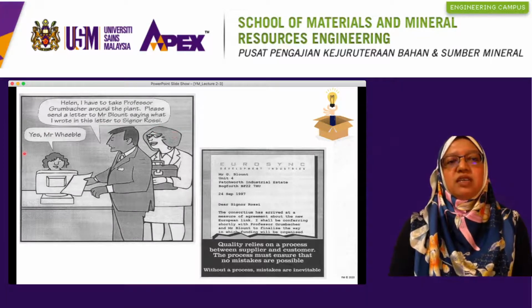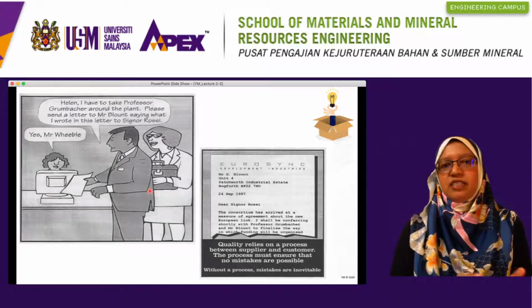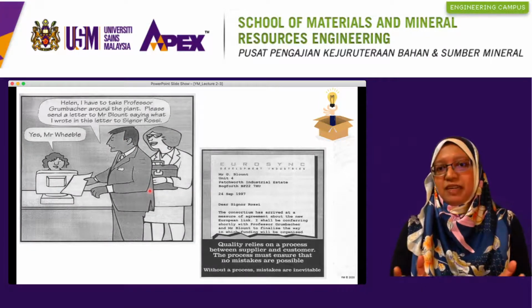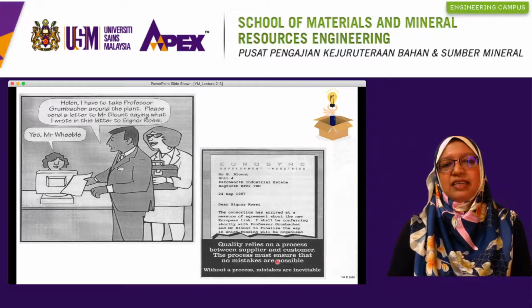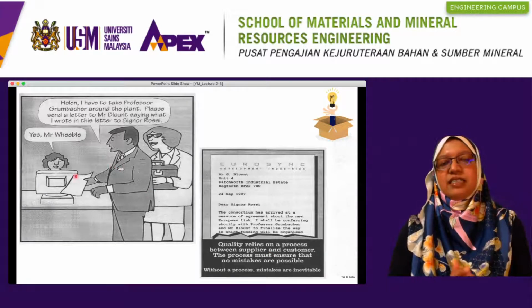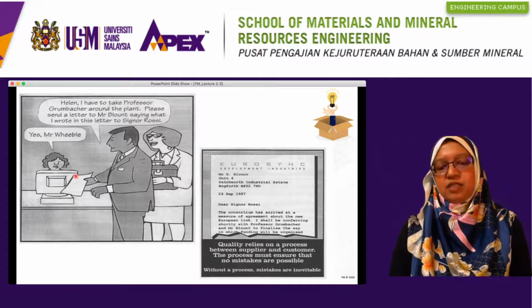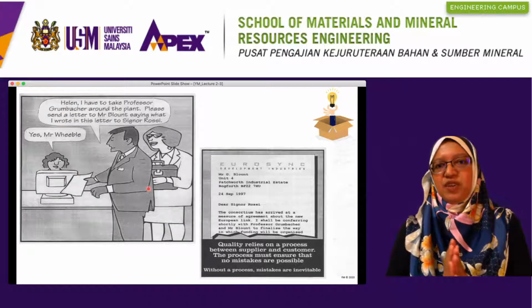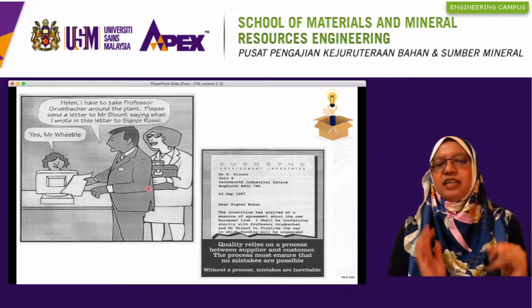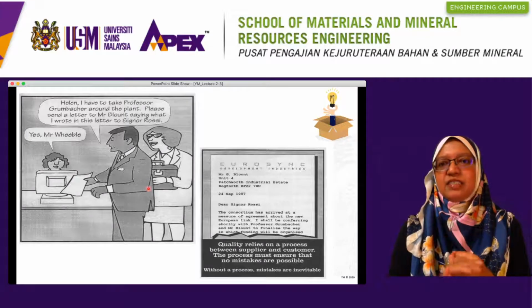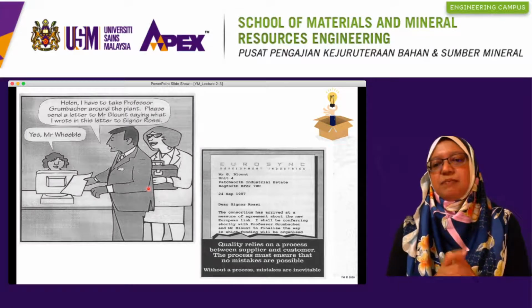Can you identify who is actually the internal and external customer and supplier? And this is the letter that Mr. Weber asked his secretary to send out. I'll leave that to you to identify who is the internal and external supplier and customer.